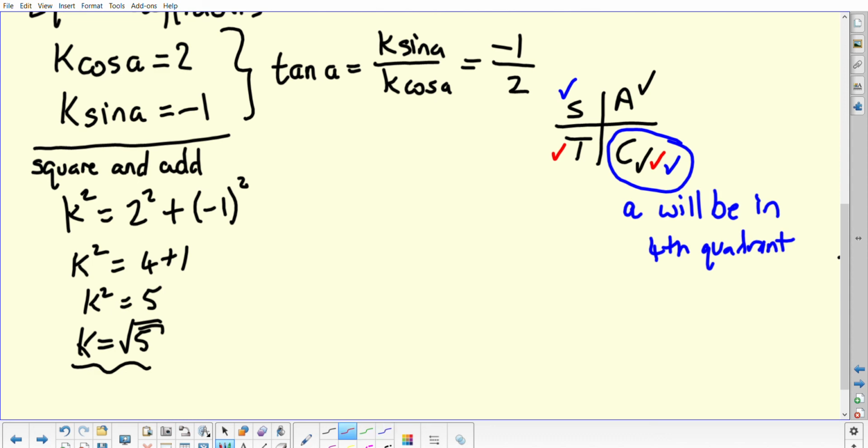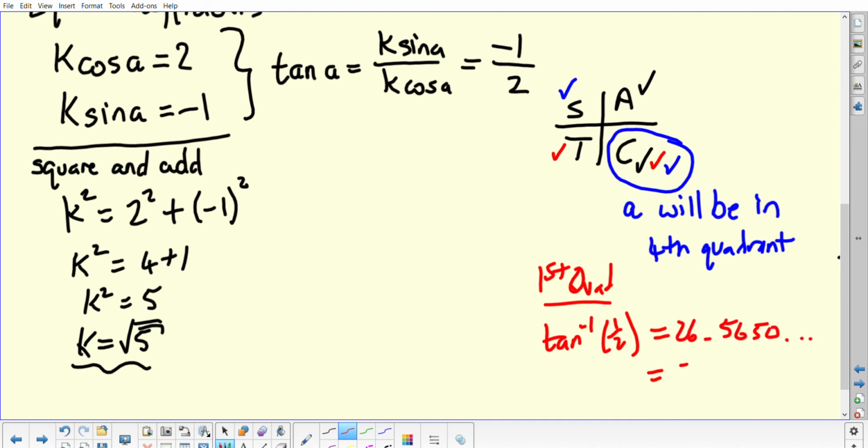And you can tell that from going through each equation in turn. So of course, to find the angle in the fourth quadrant, you need to first of all ignore the negative and look for the first quadrant angle. So first quadrant angle, you will do tan to the minus 1 of a half, and tan to the minus 1 of positive a half gives us 26.5650.